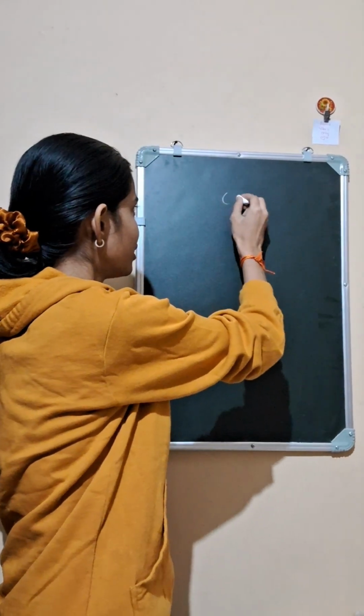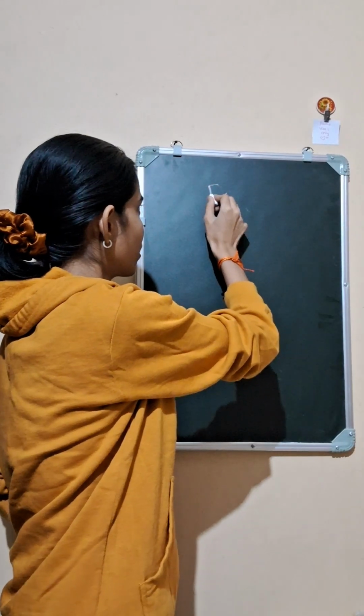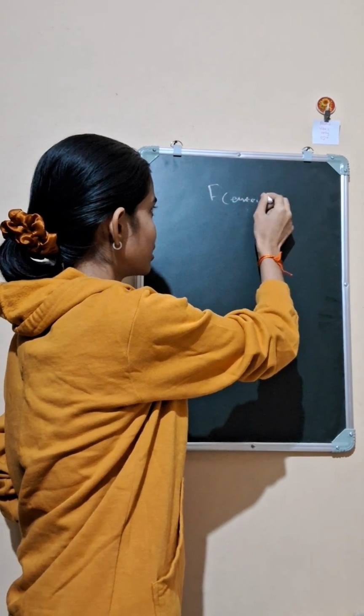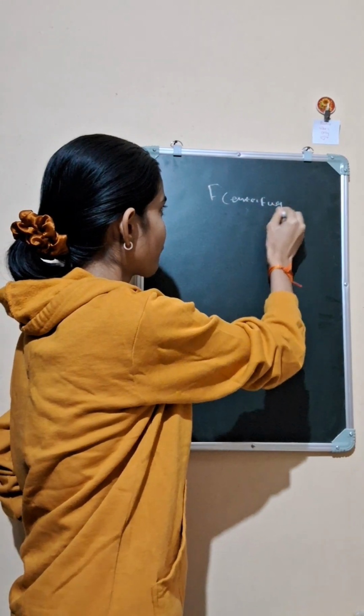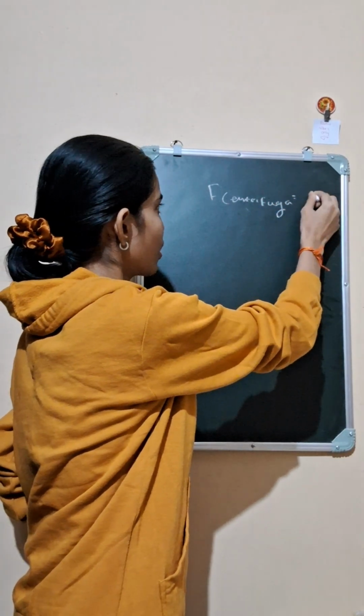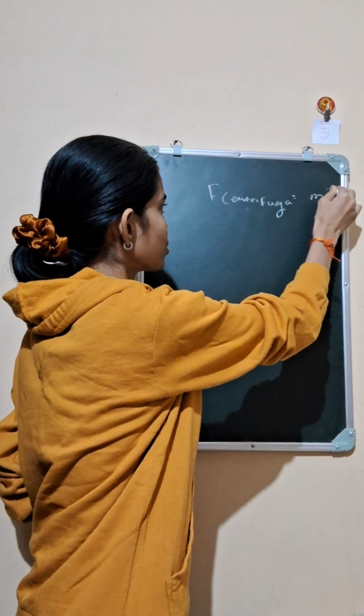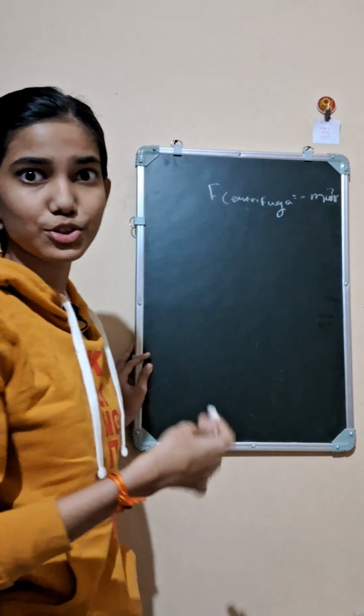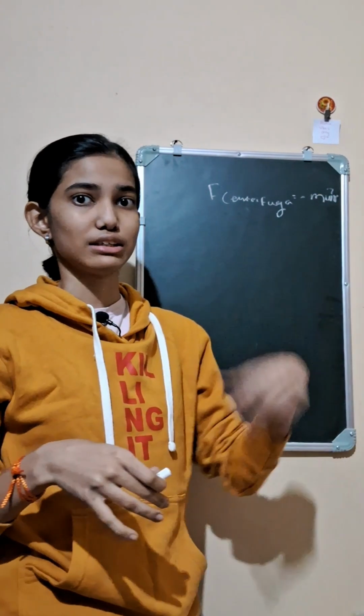For centrifugal force, the expression was m omega square r, minus, it is a pseudo force, it will act in a negative direction.